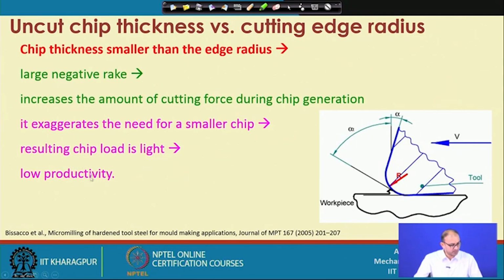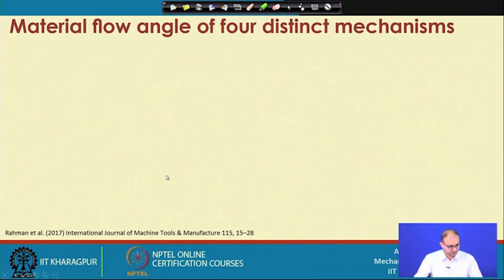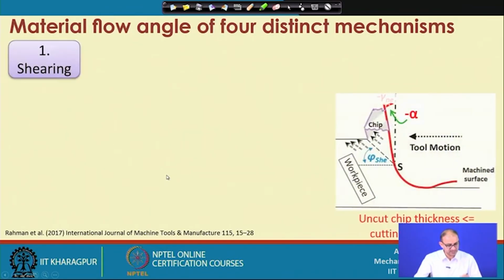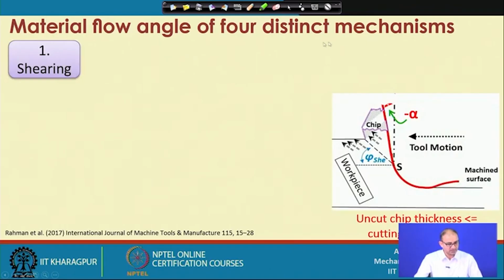And to counter this, what you have to do is operate a machine at a very high RPM, so that you can reduce the low productivity issues. And then we started with the 4 different mechanisms through which the material flows, and that was based on the cutting edge angle.